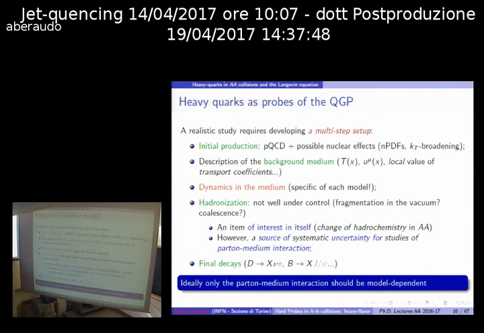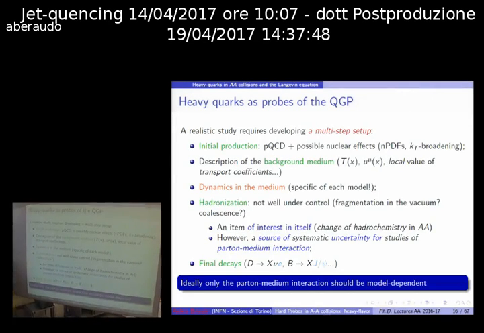Clearly this is not something well under control. It is not even under good control in the vacuum. There is a lot of cooking in the models which describe hadronization. This issue of medium hadronization can be considered an item of interest in itself. For instance, you can be interested in studying changes in the hadrochemistry in nucleus-nucleus collisions. So for instance, you can check whether in nucleus-nucleus collisions you produce more Ds mesons or more Lambda c hadrons with respect to proton-proton collisions.